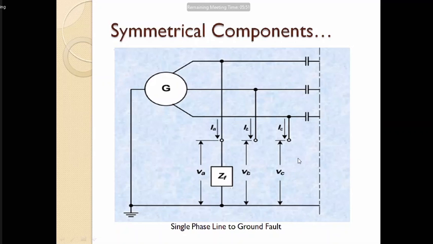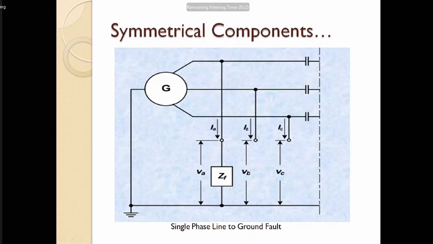And we are told that in the sequence domain, this figure here is equal to what? Who can tell us? How can we determine it? In this generator, phase A current is equal to what?